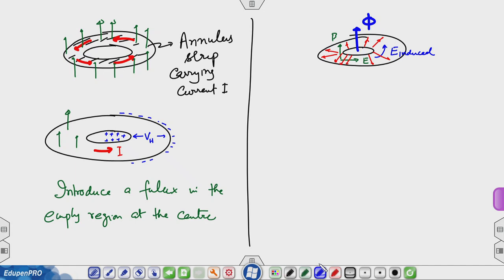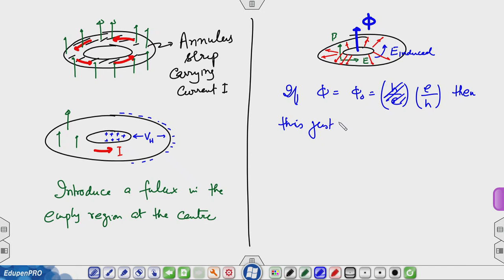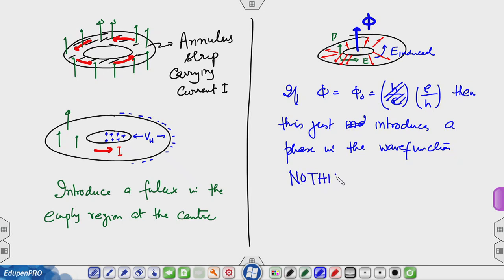Now, if you did the flux quantization exercise I gave you in the last lecture, you learned that if phi is equal to phi naught equals h over e, then this just introduces a phase in the wave function, such that the phase is e raised to i 2 n pi, and nothing changes in the system.